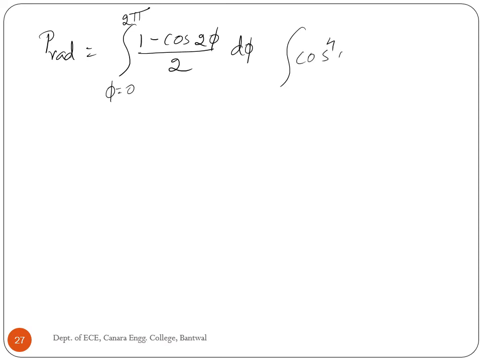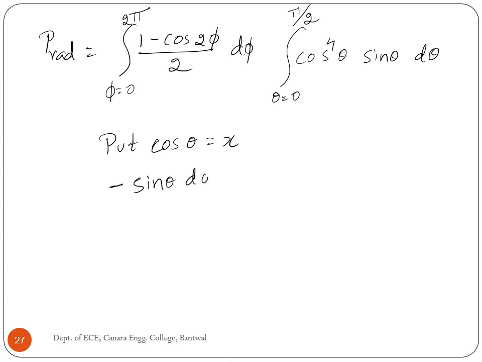Integration of sin square phi is 1 minus cos 2 phi divided by 2 d phi from 0 to 2 pi, and for the integration of cos to the power 4 theta sin theta d theta, theta from 0 to pi by 2, put cos theta equal to x, so minus sin theta d theta is equal to dx.